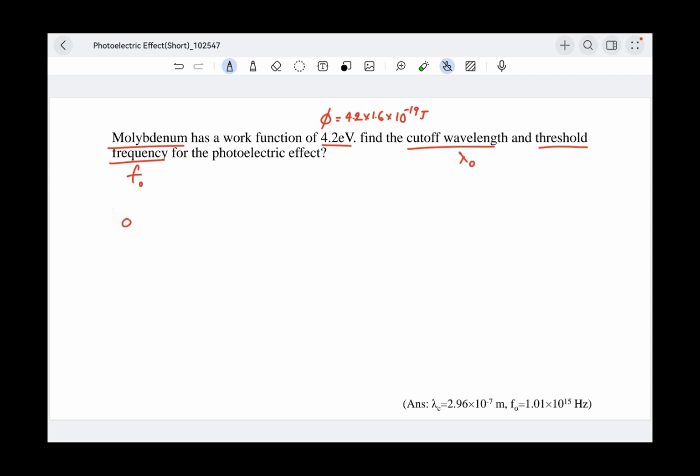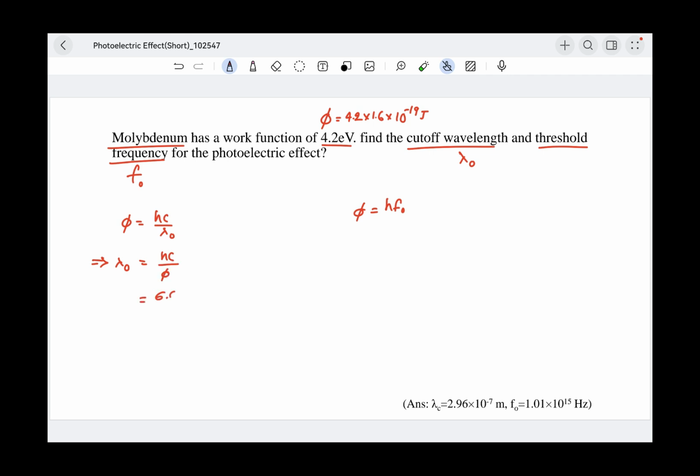So we know the formula, work function equals hc by lambda, and another formula, work function equals hf naught. So let's rewrite the lambda naught from this, equal to hc by the work function.